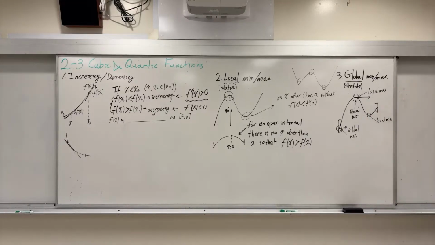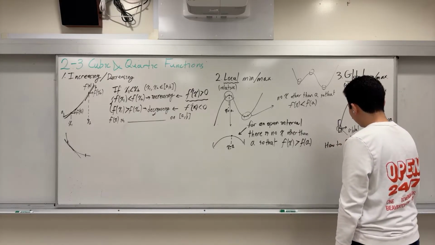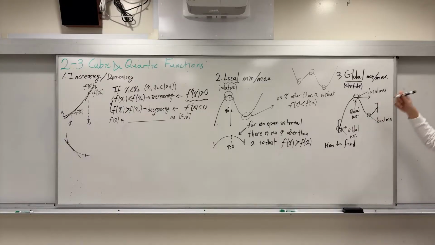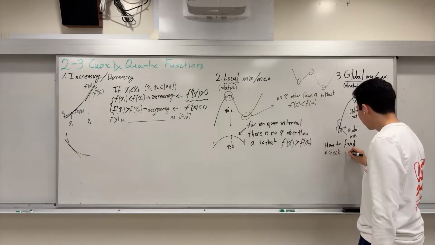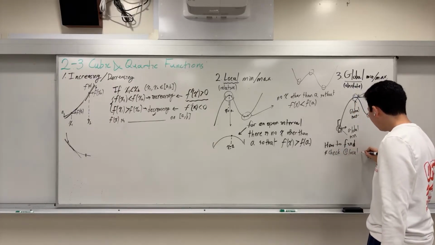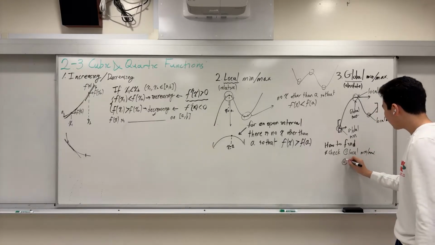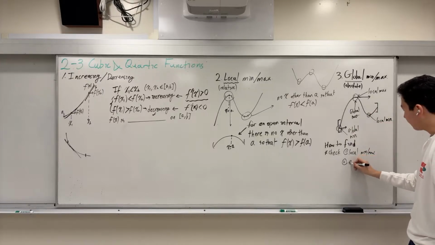So if we are trying to find a global minimum or maximum, you would need to compare several things, right? First, you need to check your local min or max values. And then the other thing to check is the endpoints of the interval, if your function has any.